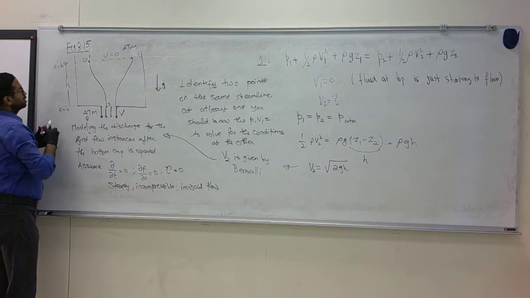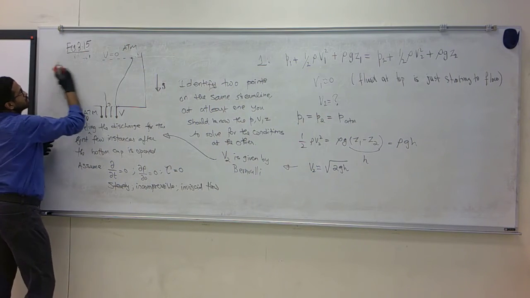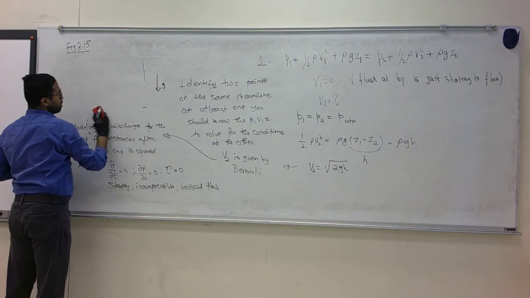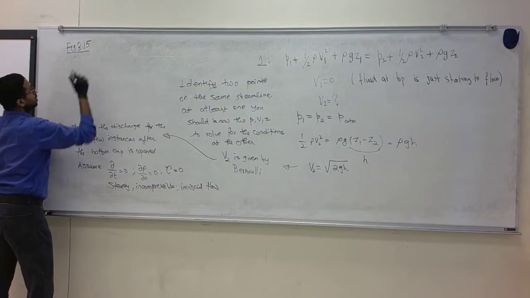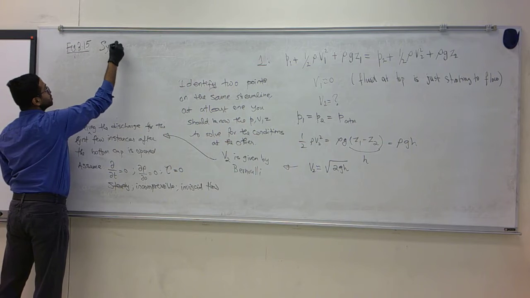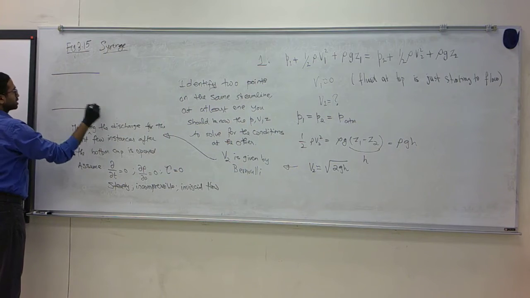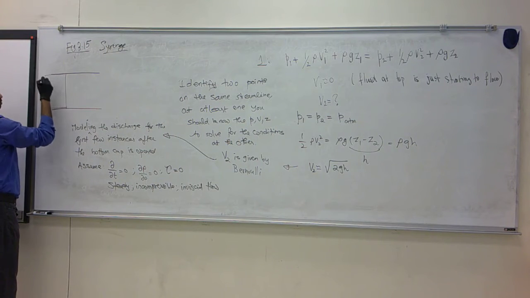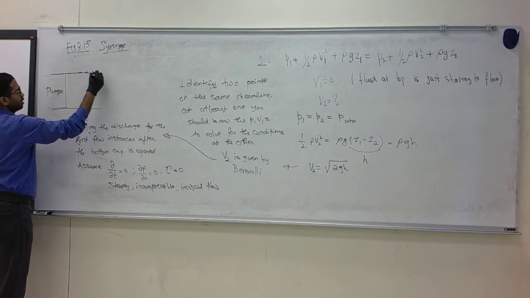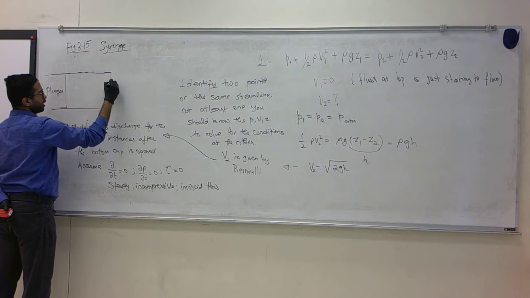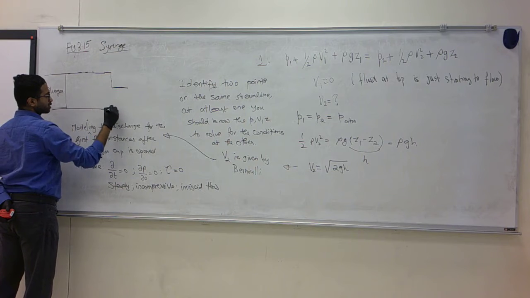is that of a syringe. We look at the example of a syringe. Okay, a syringe is something that has a wider cross section and a plunger, and you have liquid here that you push through, and it goes through a very narrow cross section.